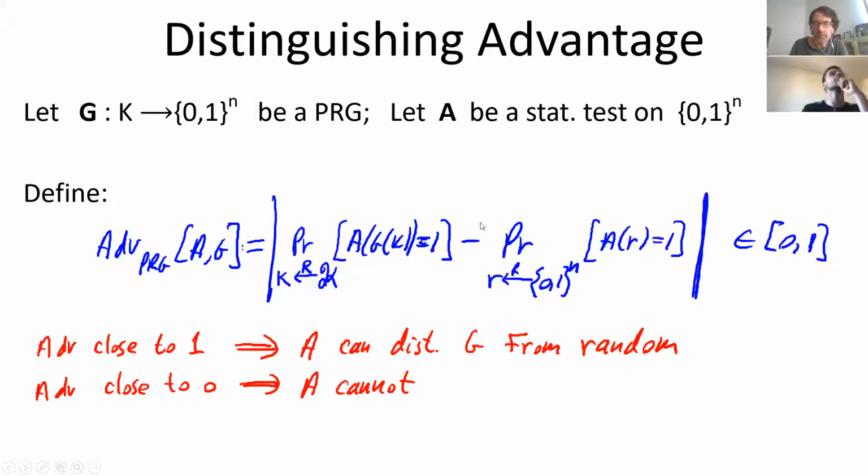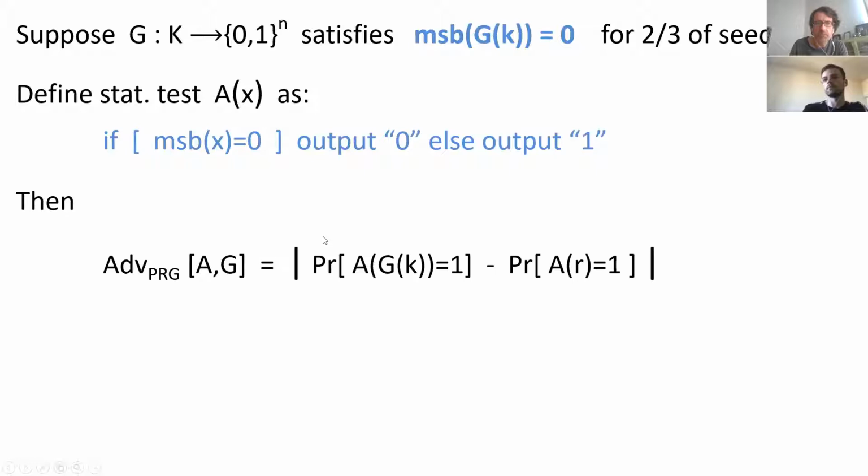Conversely, if it's close to 0, that means that A on random outputs of a PRG acts basically the same way as on random strings. Therefore, A fails as a statistical test that distinguishes the output of G from random strings. And if that is the case for all efficient statistical tests, then we are happy with the PRG. G is a PRG.